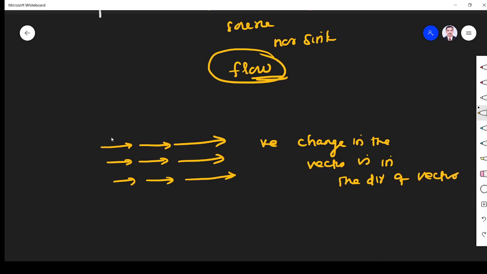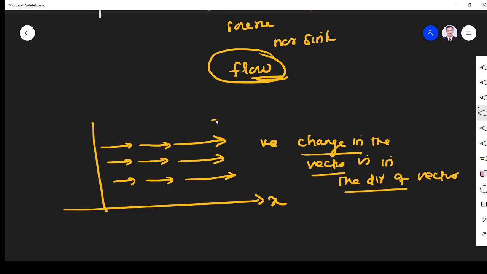You see the change in x direction. If you write it in x direction, this is x direction. You see this is small, bigger, biggest. So the change occurs along the horizontal direction, that means x direction. So the change of the vector is in the direction of the vector. The vector is also pointing towards x direction. The change is also in the x direction.